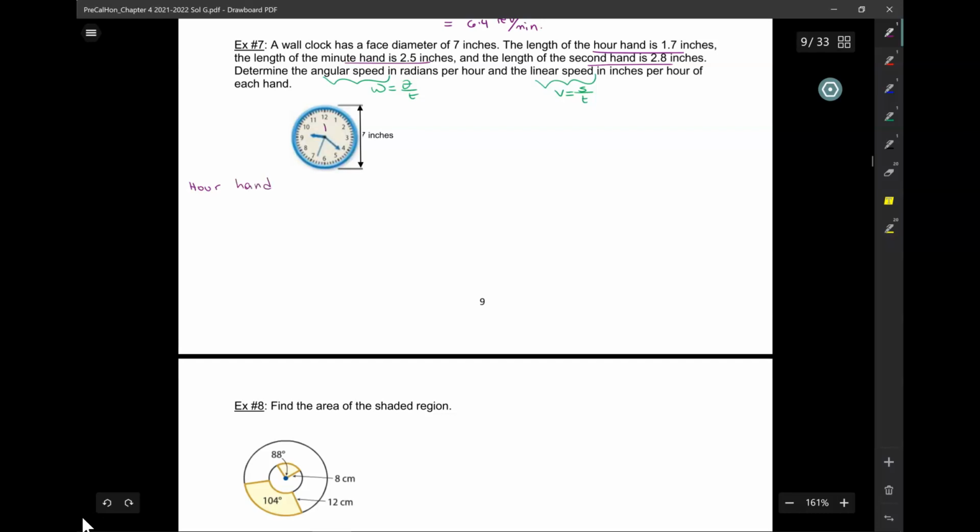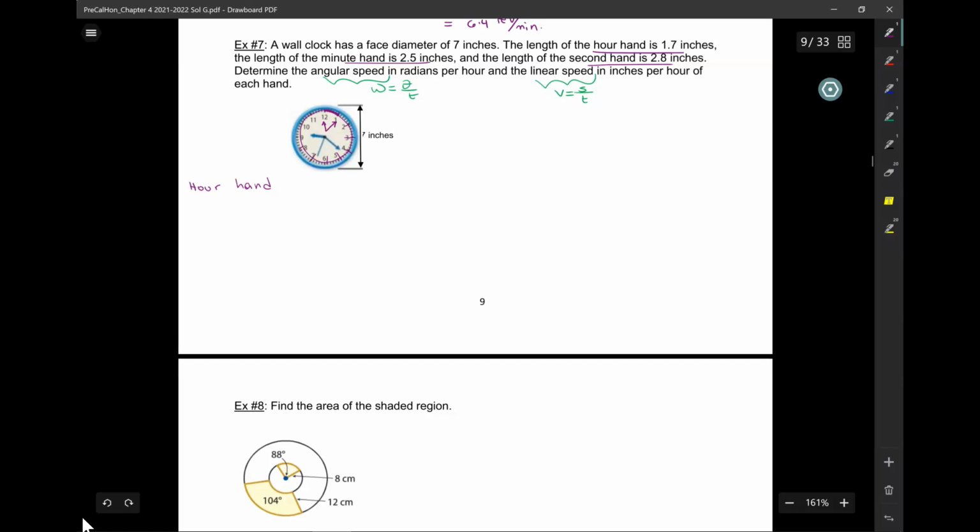So the hour hand, if it was at 12 o'clock, in 1 hour will move from 12 to 1, that much distance. And if you look here, that whole thing is 360, but in that 360 there are 12 divisions.